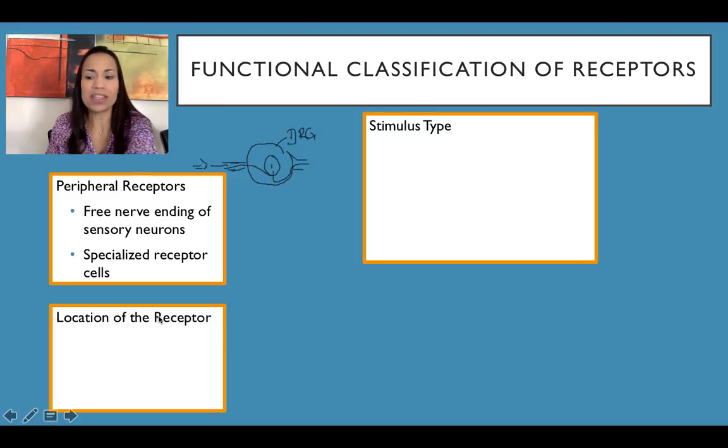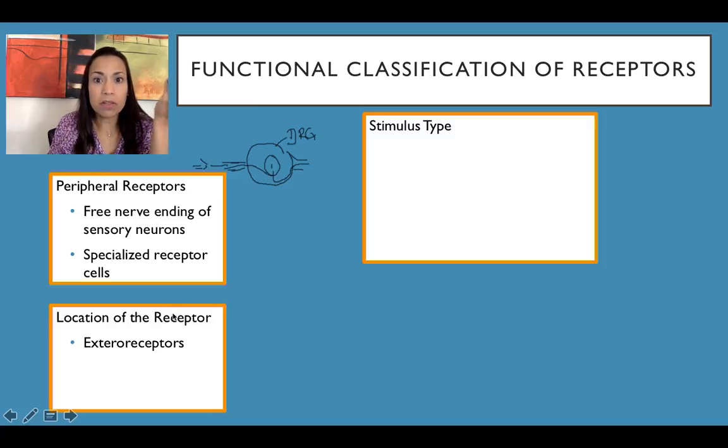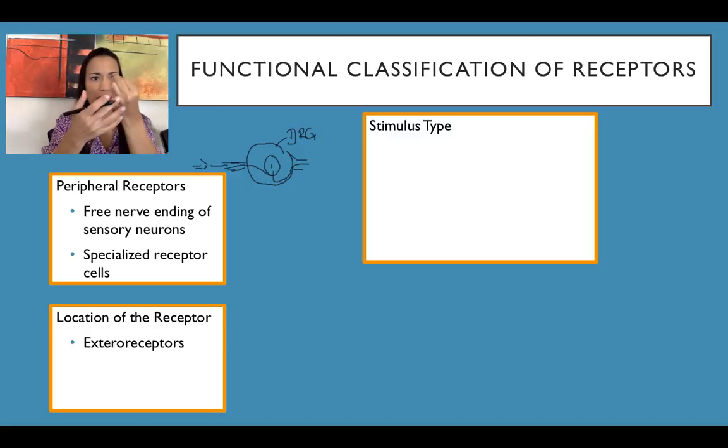So let's start with the location of the receptors. Receptors can be located on the surface of the body, in the skin, and we call them exteroceptors. And what do you think they're detecting? Things occurring in the external environment.